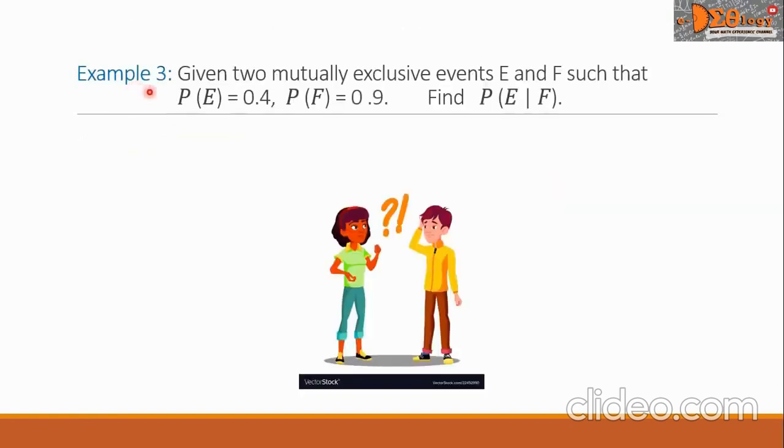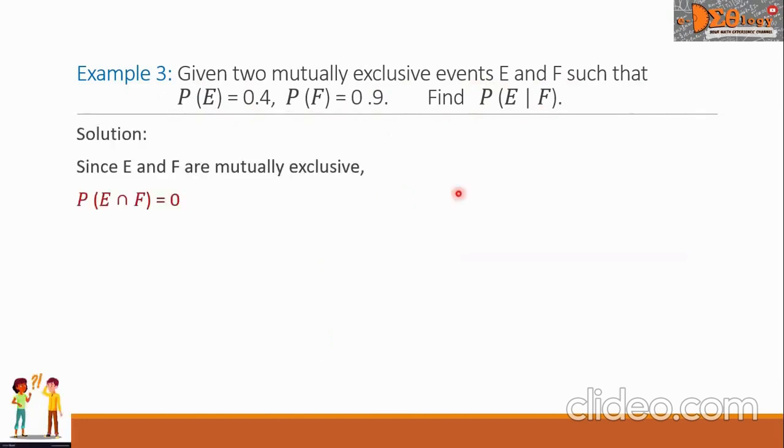Let's have example 3. Given two mutually exclusive events, E and F, such that P of E equals 0.4, P of F equals 0.9, find P of E given F. For our solution, since E and F are mutually exclusive, it means the P of E intersect F equals 0.